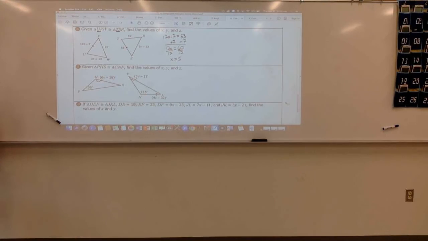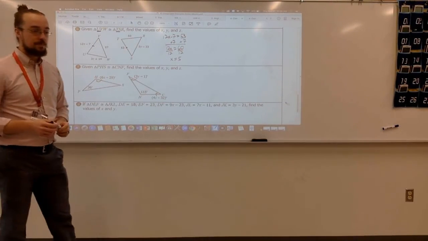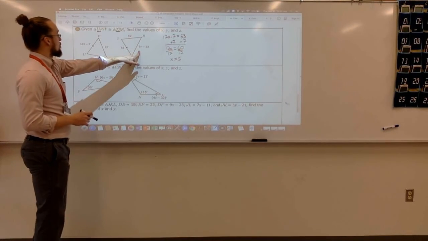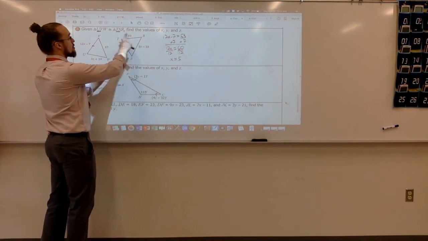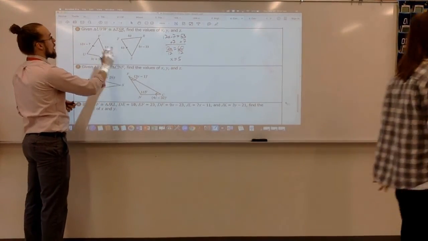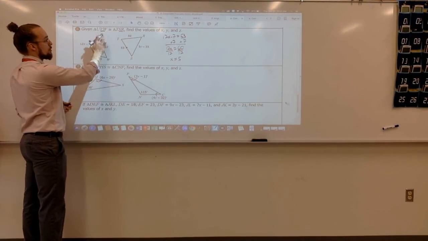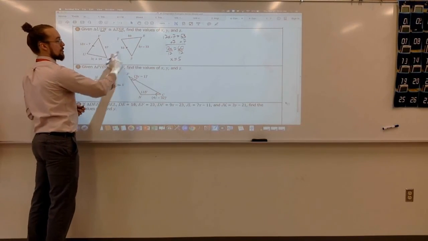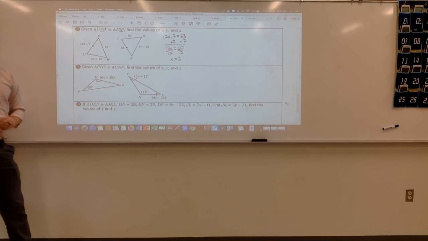Hey, I got a question. So, will I do 5y minus 33 equals 53? So that's side RS. So if I go up here, RS matches up with WB. So that'll be this one. So I have to do 5y minus 33 equals 57.